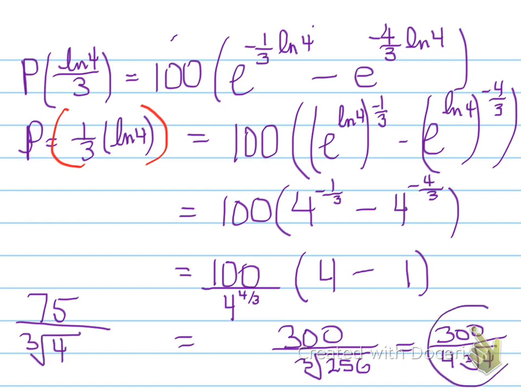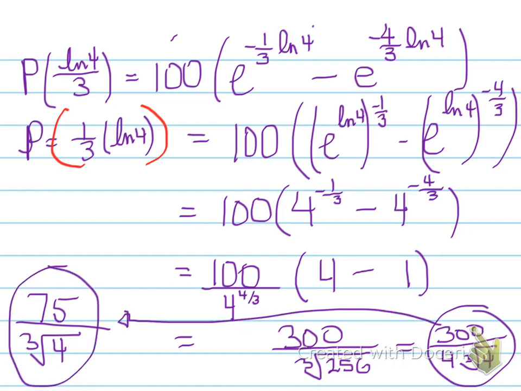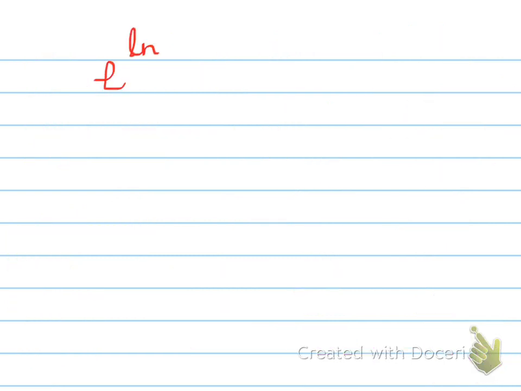That is this question here simplified to give you this answer. So that would be the maximum value when the p at 1/3 of ln 4. That's your maximum value.